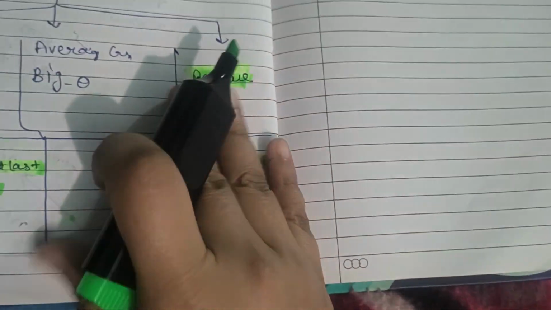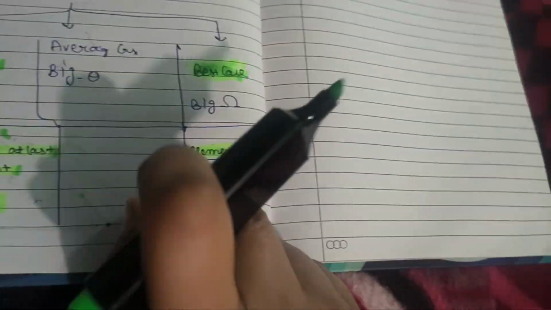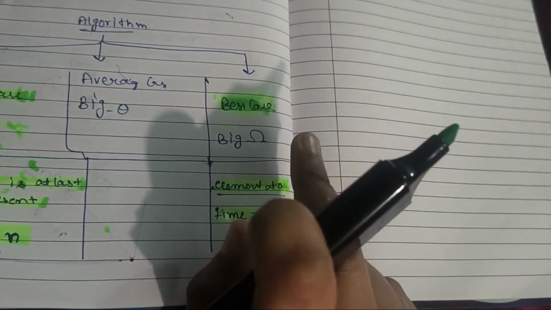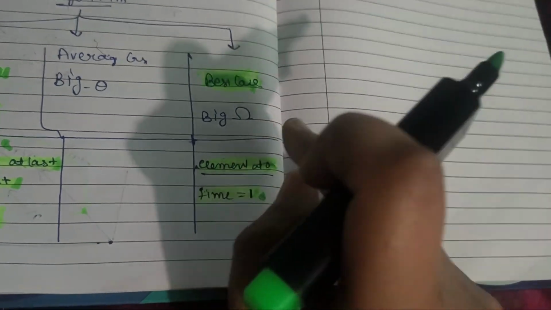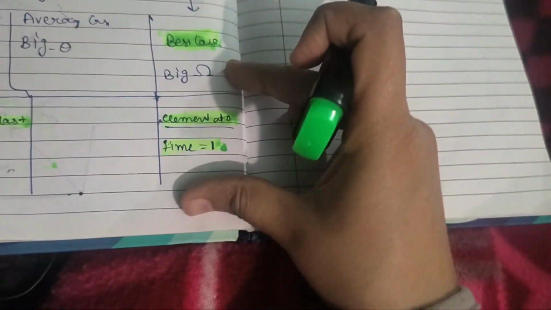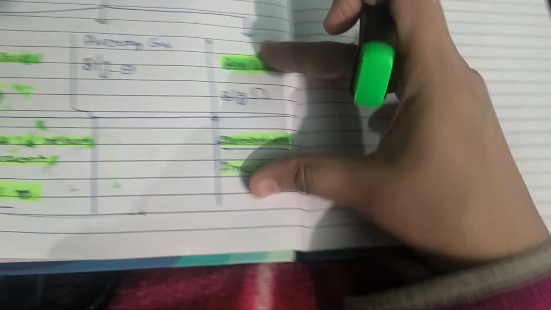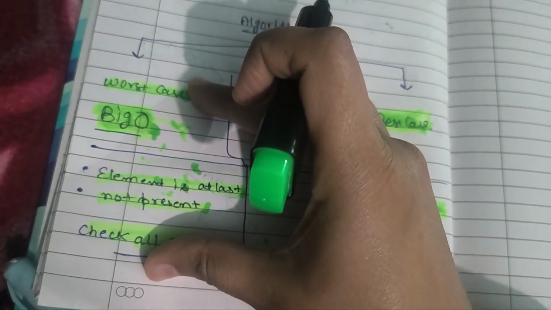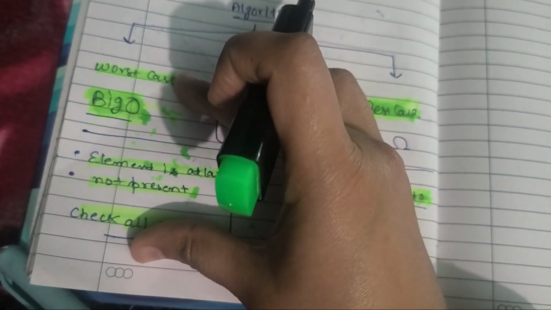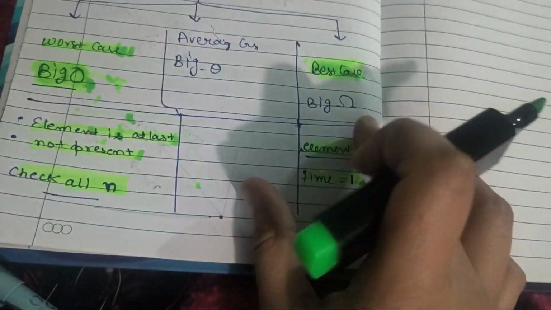We don't have to go through the whole array. Our loop stops immediately after finding the name or value at the first index, and this is the best case possible. It means at best the algorithm can be this fast. This is the fastest time complexity possible for the algorithm, and this is the slowest time complexity for the algorithm.